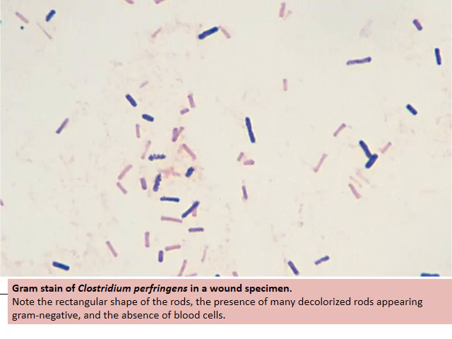If you do gram staining of this bacteria, this is from a wound specimen. So you can see these are rectangular shaped rods. And then you can also see some of them appear gram negative as well. That's a little bit of decolorization that may happen.